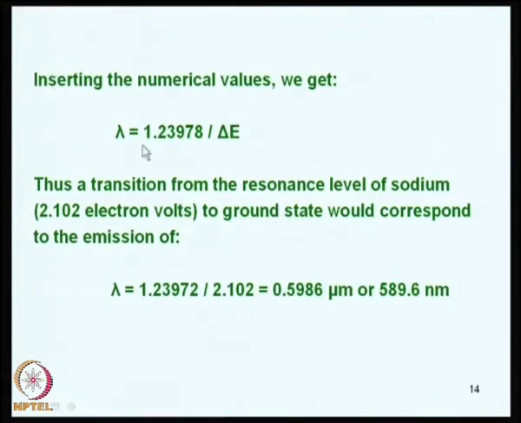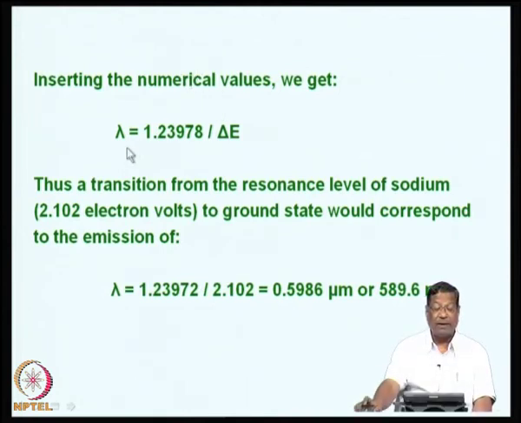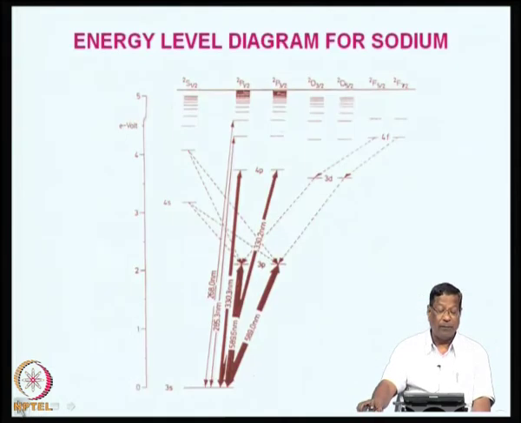Now, inserting the numerical values of h, c and other things, we can calculate the wavelength of the emission, which works out to 1.23978 divided by the energy difference between the ground and excited state, that is E1 and E2. So, for a transition from the resonance level of sodium to the ground state, we can go back to this figure, from the ground state for sodium up to 3p, and we can calculate.